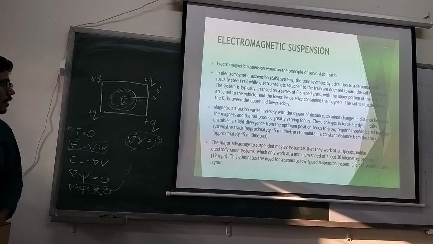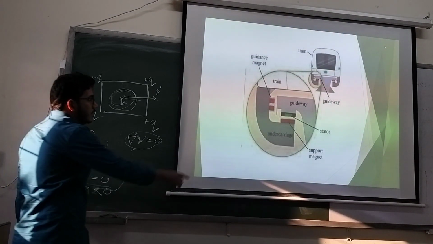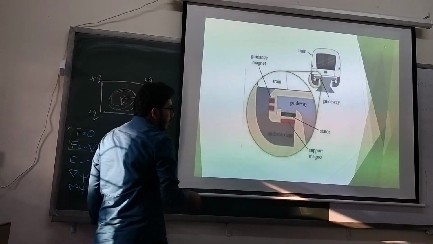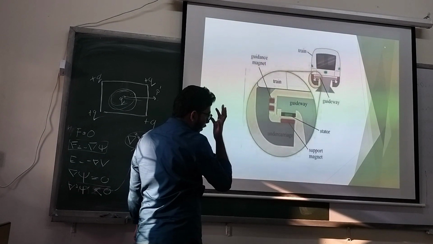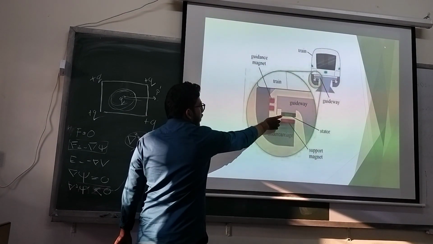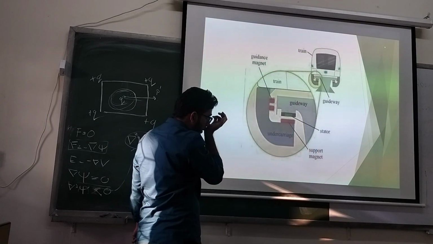The system is typically arranged on a series of C-shaped arms, like it is shown, and this is the electromagnet that we're using, which is known as the support magnet, right? So this is actually the guide, the track, what we're calling.